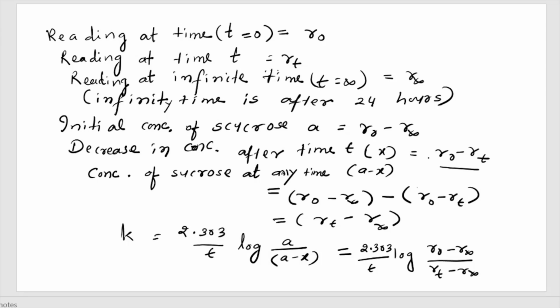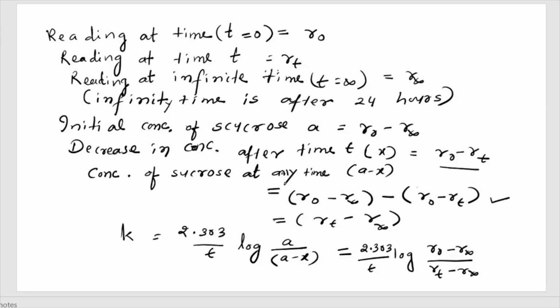So what is the result then? A minus X equals: here you take the value A and the value X and subtract both. That means R0 minus R infinity, minus R0 minus RT.